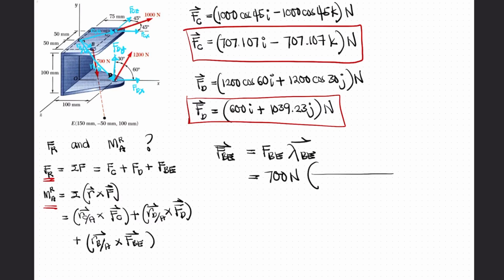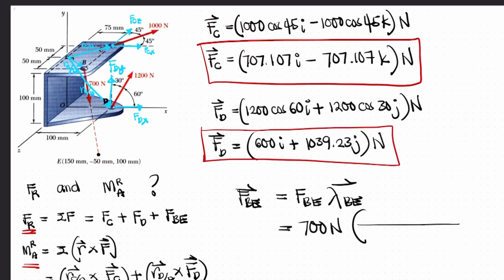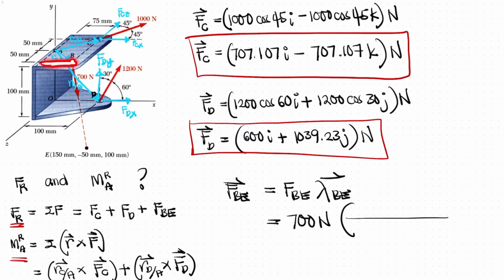So, the distance between point B and point E along the x-axis: point B is at 75, and point E is at 150 mm from point O. So from B to E is 150 minus 75, or 75.